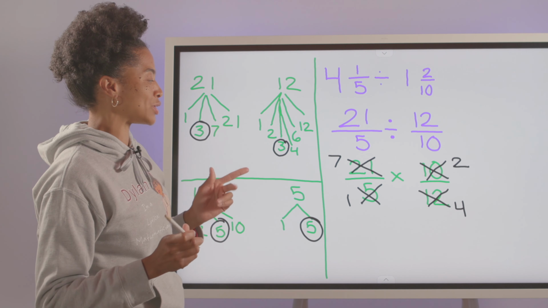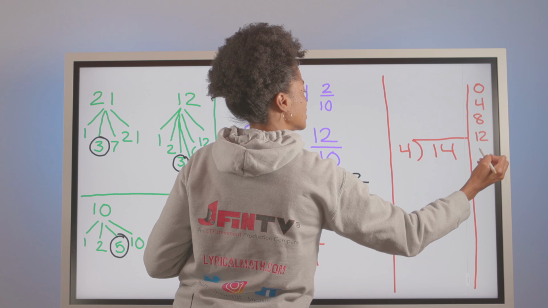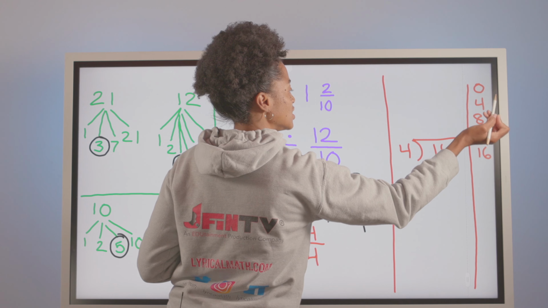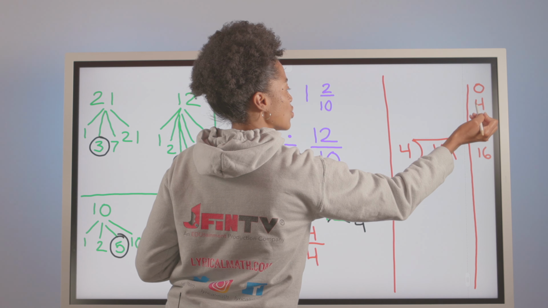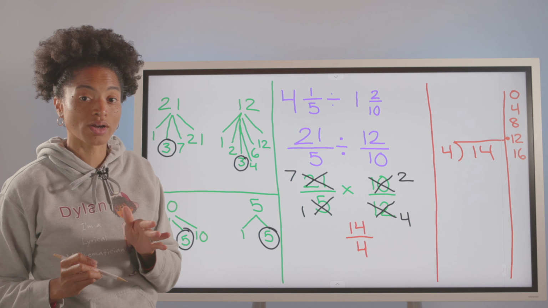Look at your 4 times tables, starting with 0, 4, 8, 12. Just make sure you don't pass 14. And we would have to stop here, which is 0, 1, 2, 3 groups of 4 gives us 12.